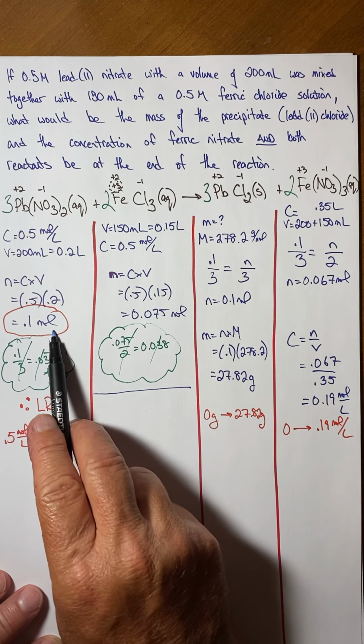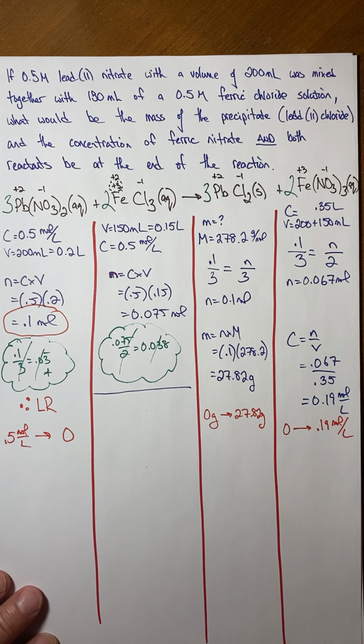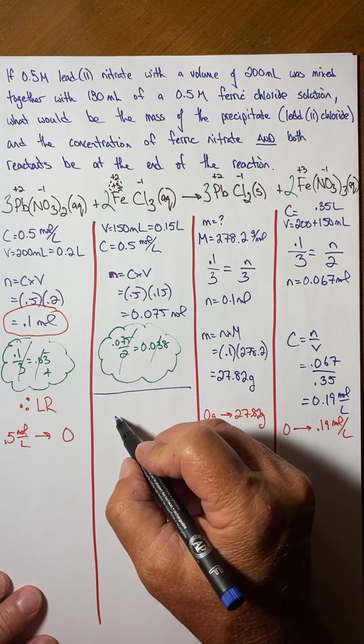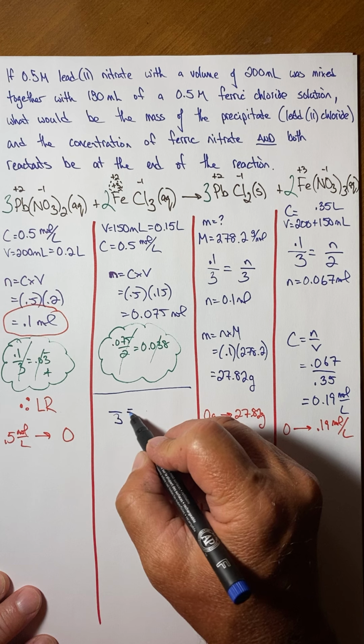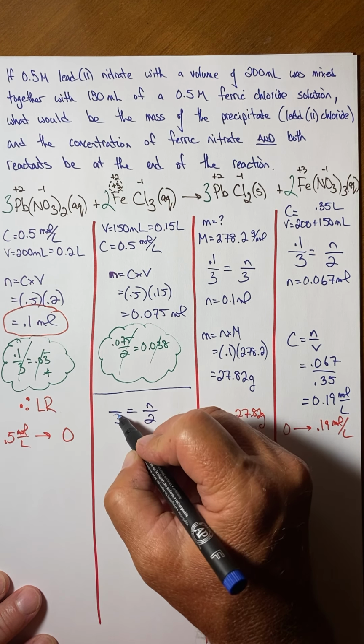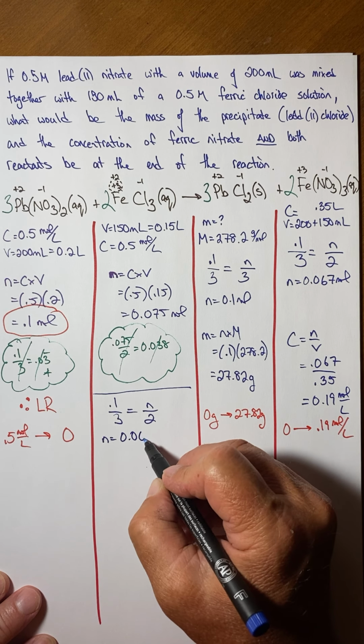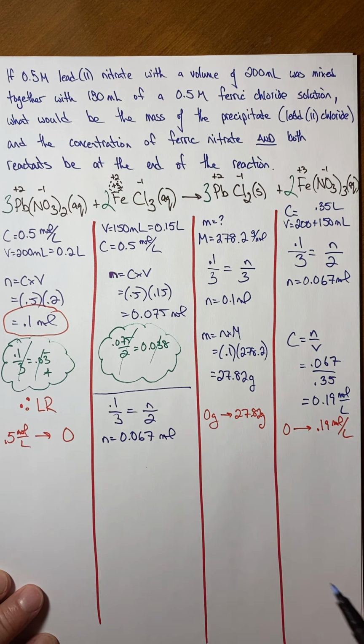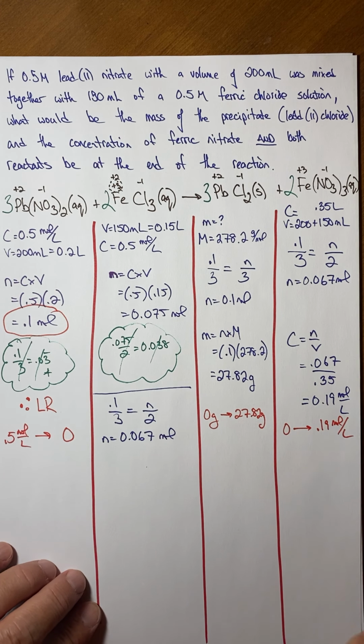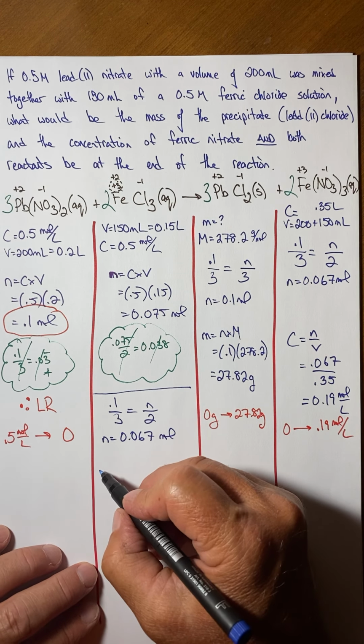So now what I'm going to do is I'm going to do a mole to mole over because I want to know how much I'm going to use up. So the original ratio is 3:2. Instead of 3, I have 0.1. And when I do this, I'm going to get 0.067 moles. Okay? Now, I want to figure out how many moles I have left over.